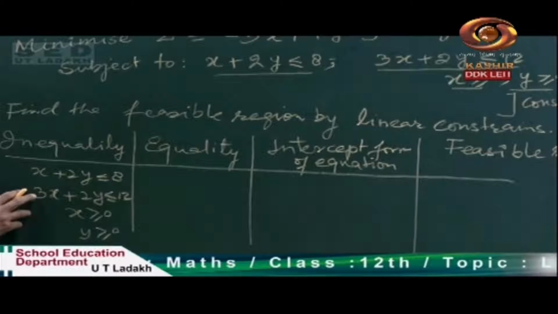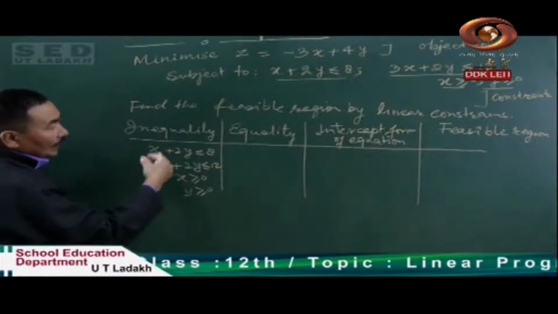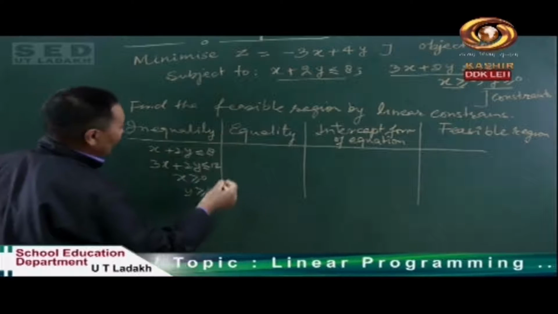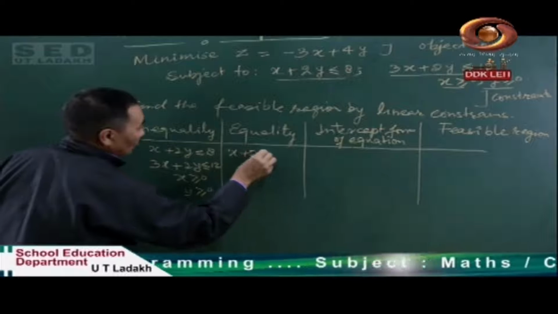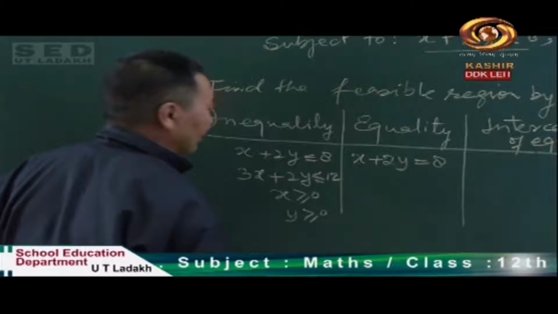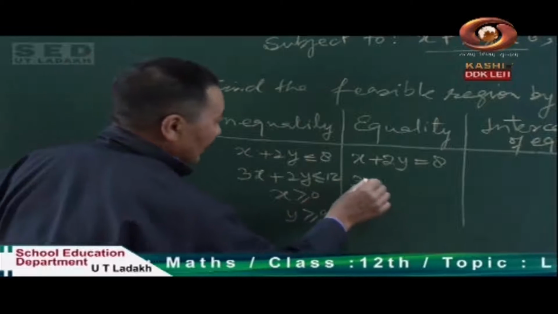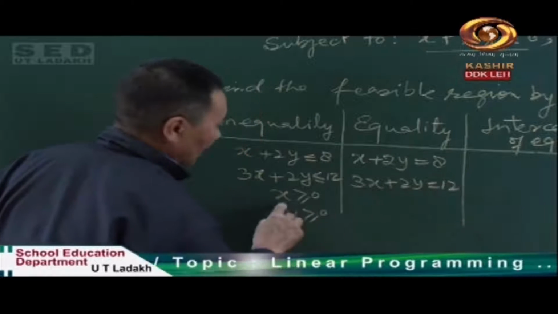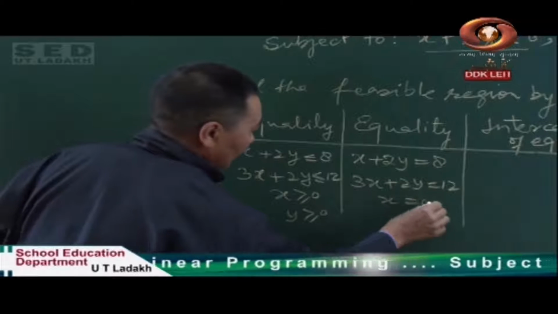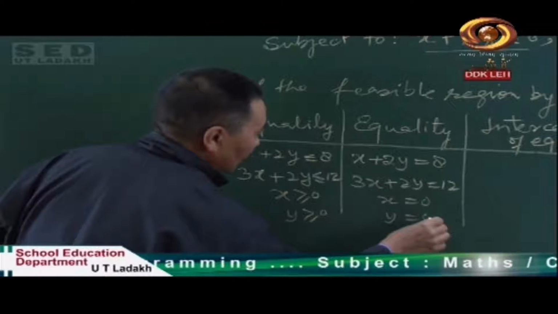This is the inequality, the constraint part. Now we have to convert these inequalities into equalities: x plus 2y equal to 8, 3x plus 2y equal to 12, then x equal to 0, y equal to 0.